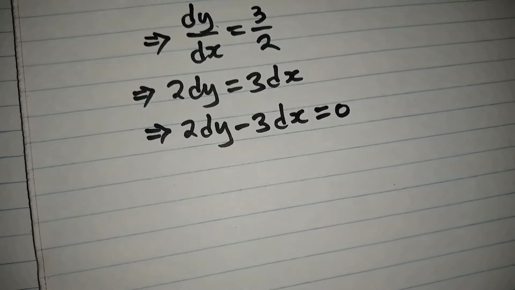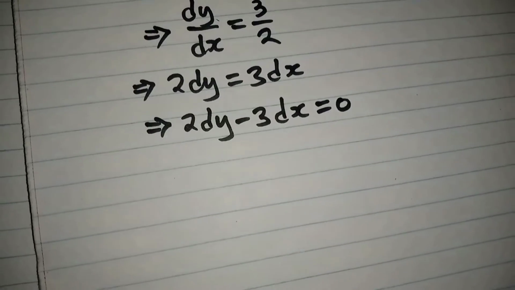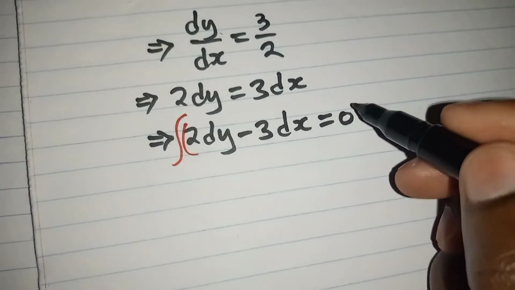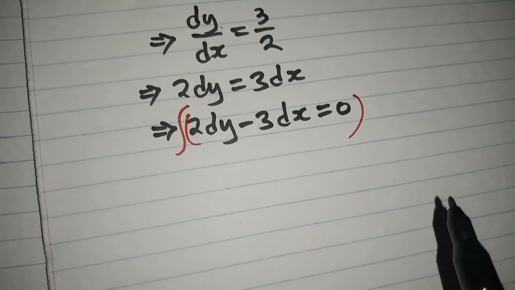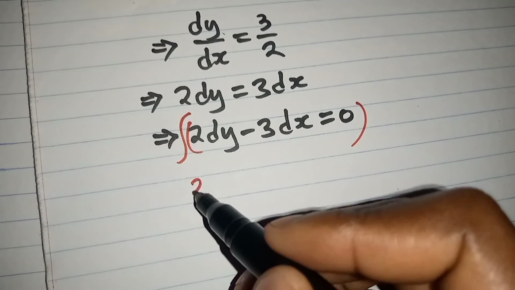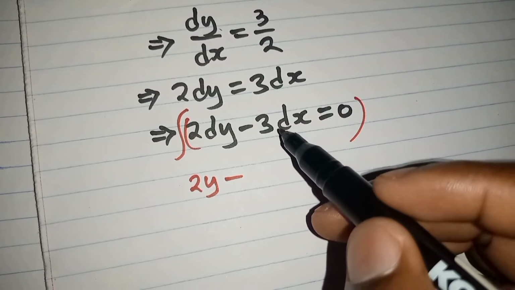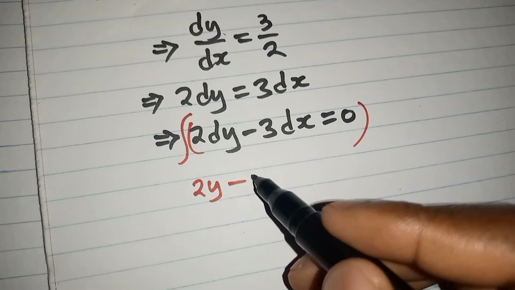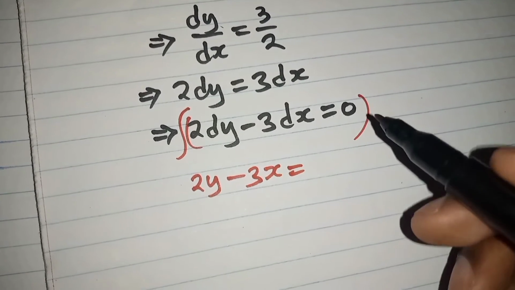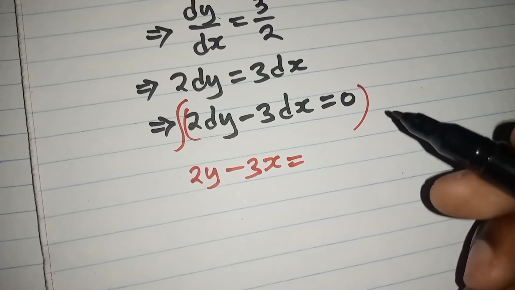Then from there we are going to integrate the whole of this one. When you integrate 2 with respect to y, we get 2y, minus, if we integrate 3 with respect to x, we will get 3x, and this will be equal to, when you integrate 0, it will be 0, plus a given constant.